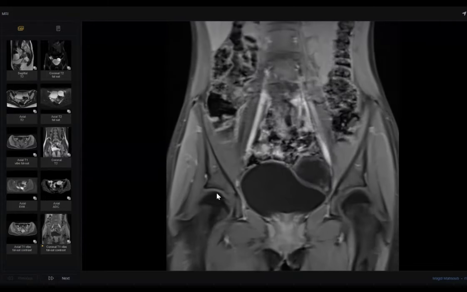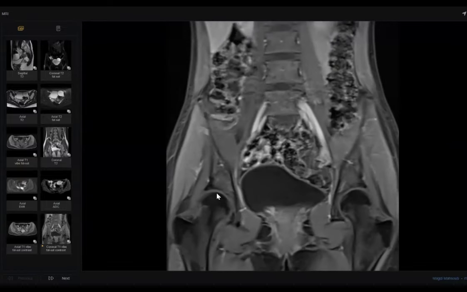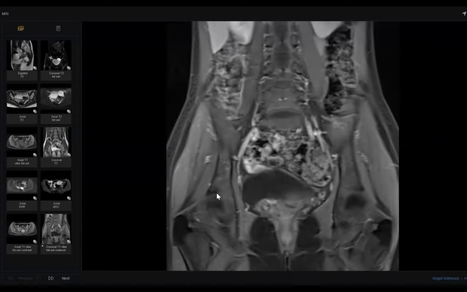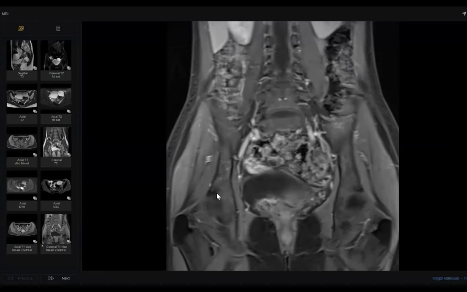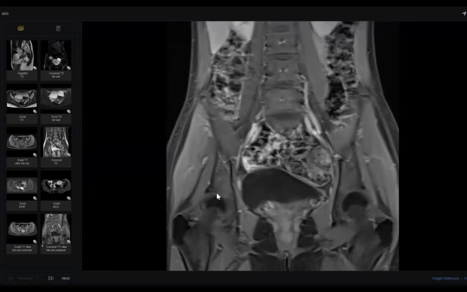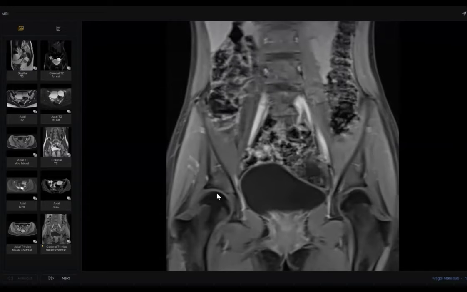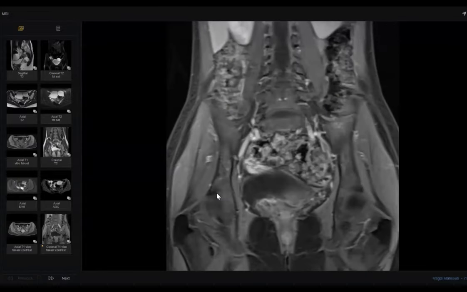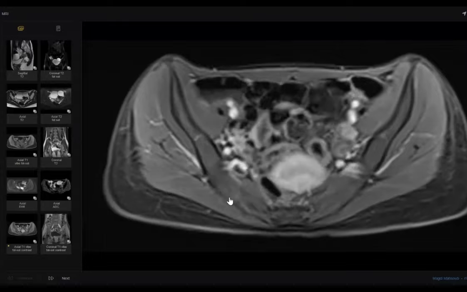Although I am not specifically seeing any twisted pedicle, ovarian stroma also appears normal. There appears to be some decreased enhancement of the left ovary. No, the left ovary is normal.